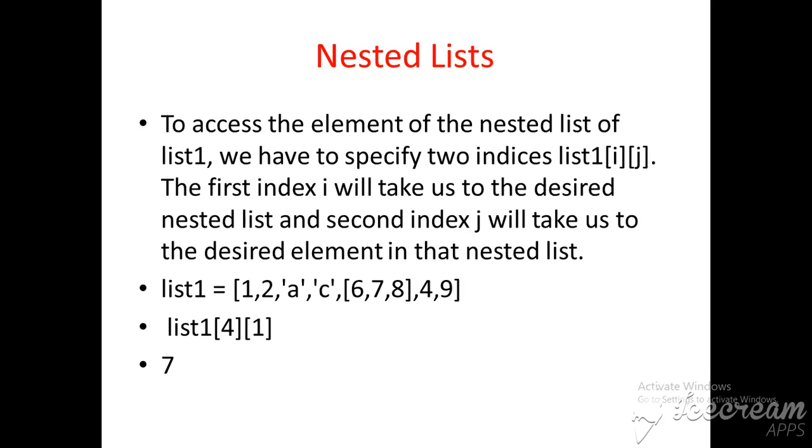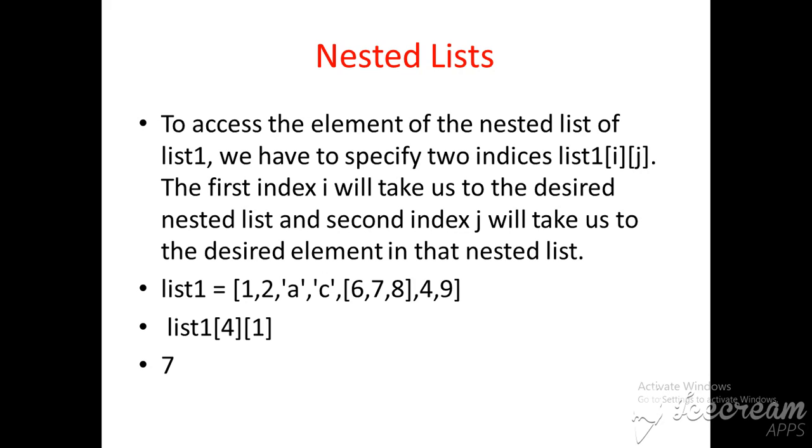Here is one example. List1 is 1 2 A C, then 6 7 8 is the nested list, then 4 9. Then list1 of i, j, where i means 4 and j means 1. It first moves to the fourth place, which is another list, 6 7 8.